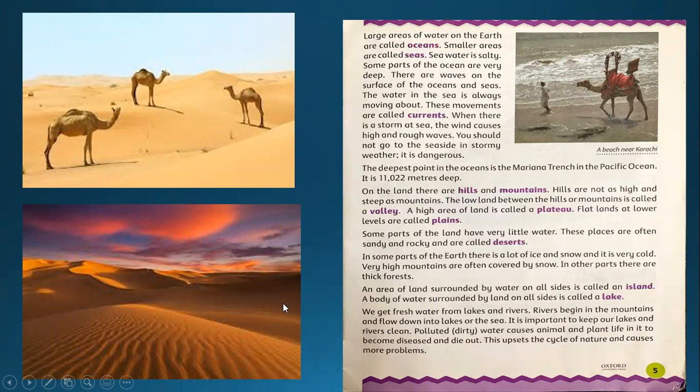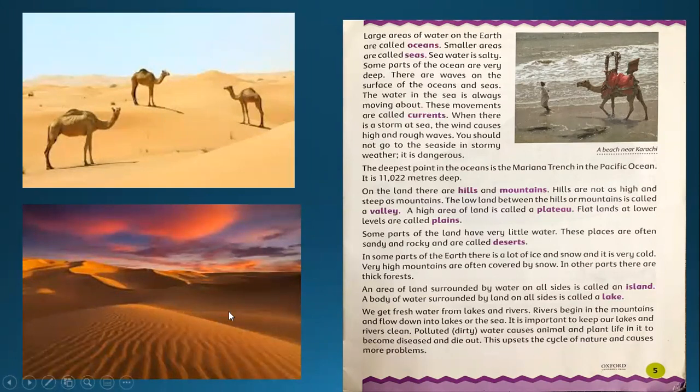Whenever you travel to Medina al Munawwara, or to Riyadh, or even when you travel to Jeddah, on the way you see places like this. This is called desert. And you might see camels there also, and you enjoyed it.